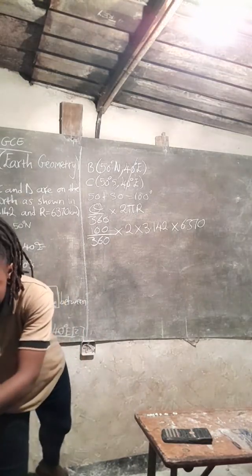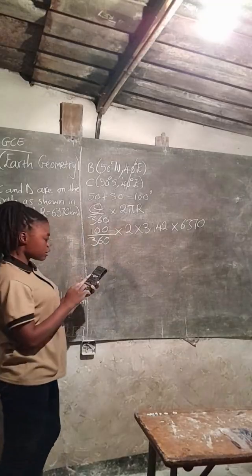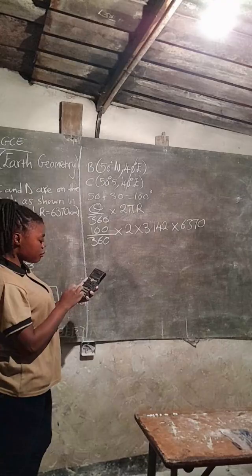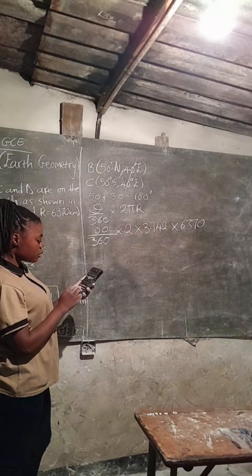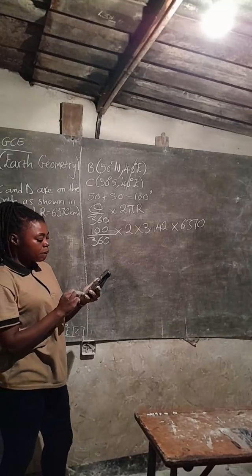For those using a calculator, we're punching in 100 times 2 times 3.142 times 6370.